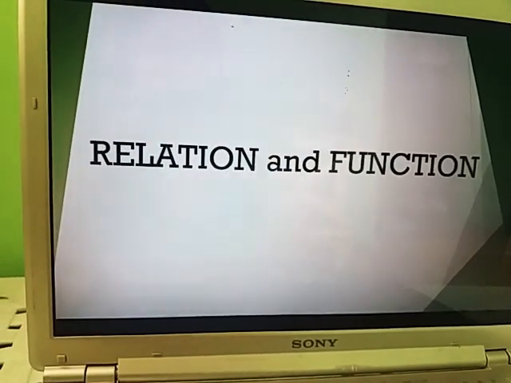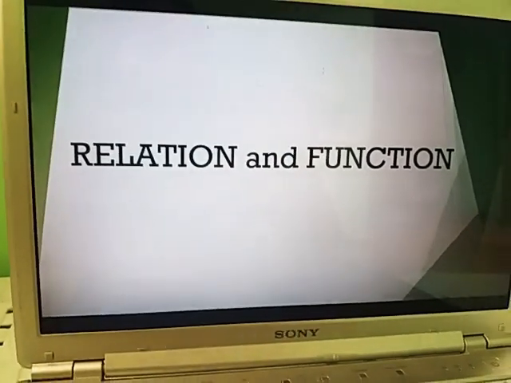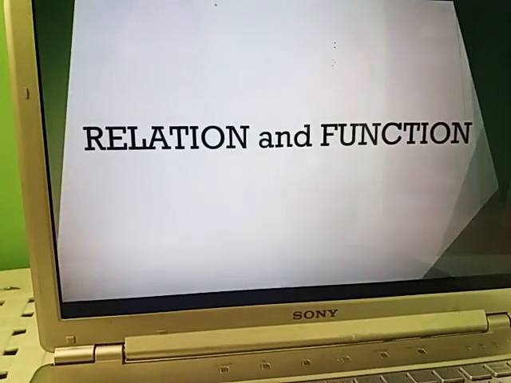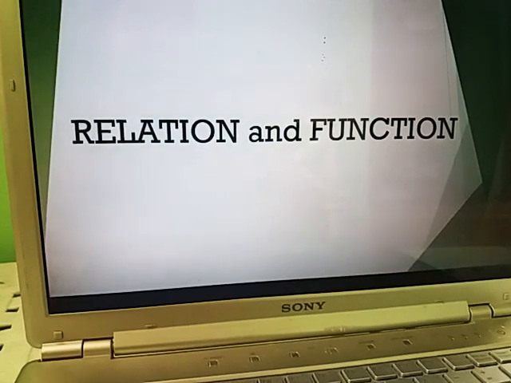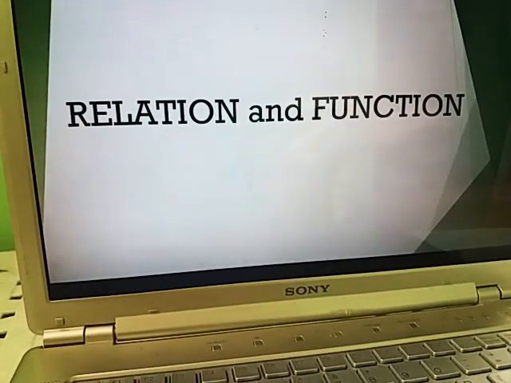Doctors to patient. Doctors to patient. So, pag sinabing doctors, madami. Tapos, patient. So, many to one. Same lang din, that is a function. Kasi many to one. Many doctors to one patient.